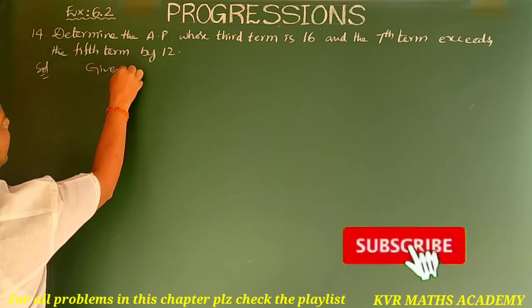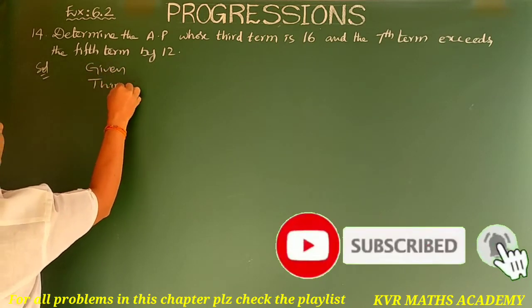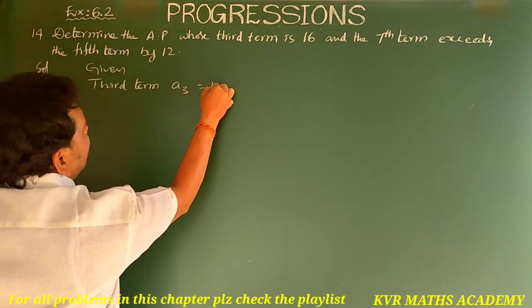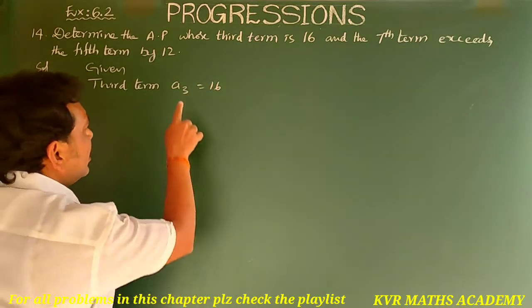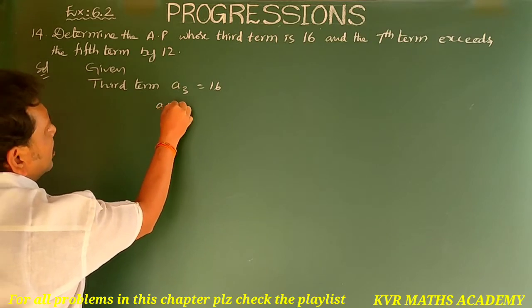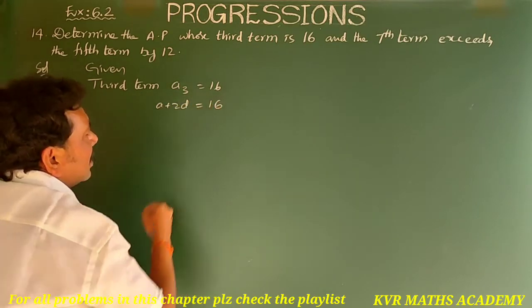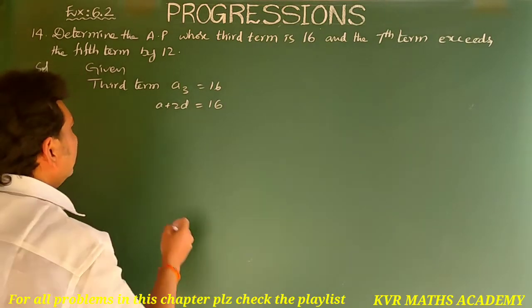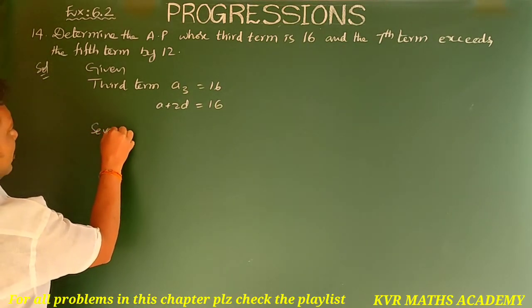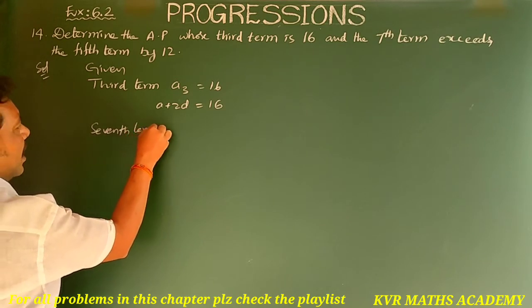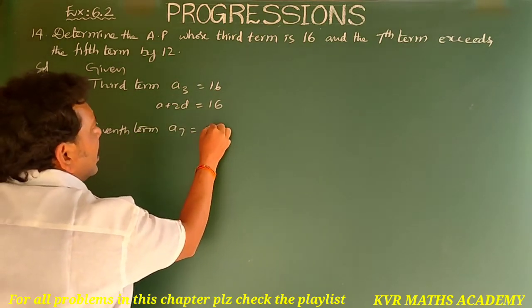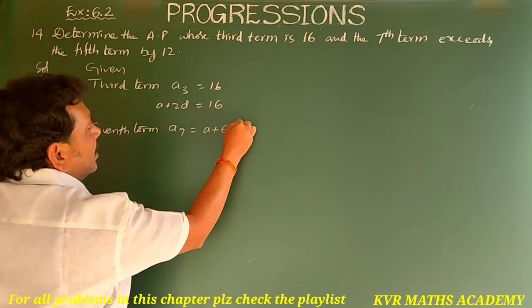Right, given the third term: a_3 is equal to 16 only is given. Yes, a_3 means here A plus 2D is equal to 16. Right, next the seventh term: a_7 is equal to A plus 6D only.